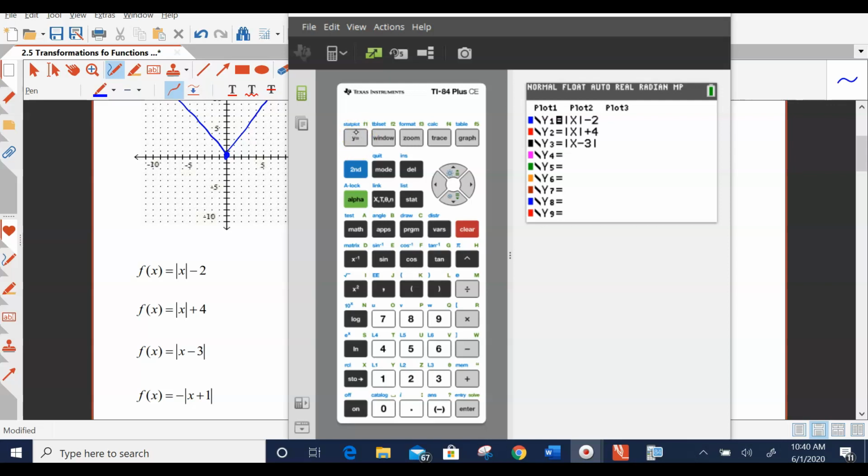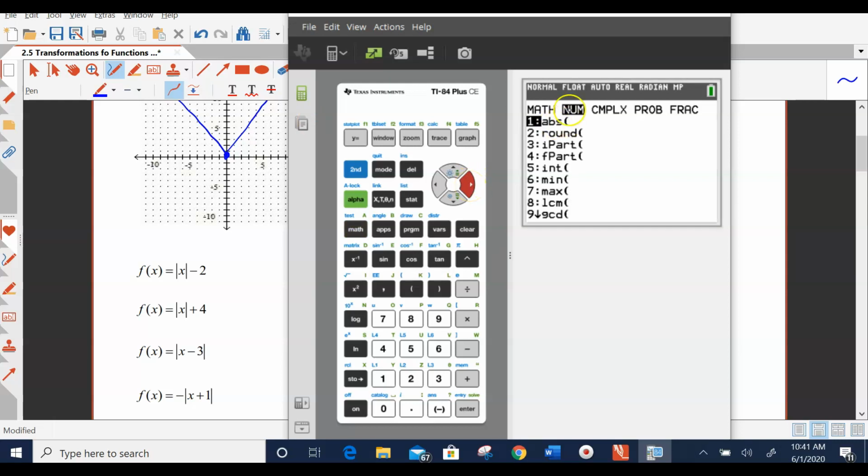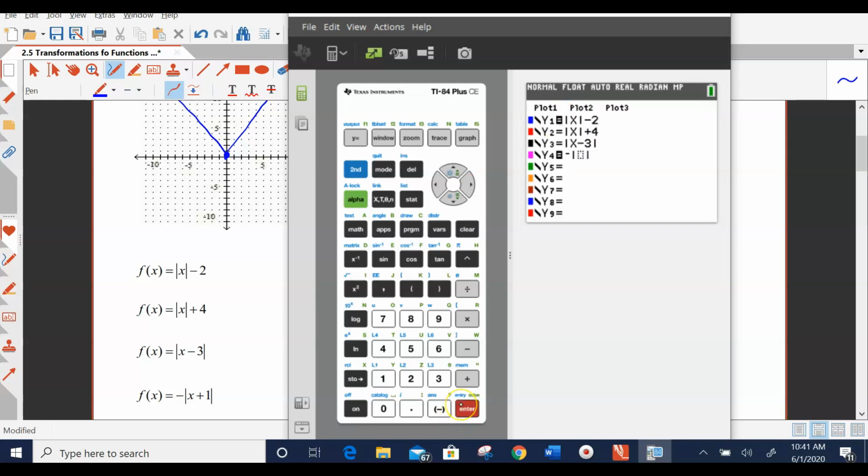Notice I've put in the first three, but let me put in the fourth one so you can see what I did. I need a negative, so I'm going to use this little guy down there for the negative. I need an absolute value, so let me show you where to get that. If you hit Math and scooch over to the right once, you'll see at the very top under Num, ABS. There is your absolute value function, so press Enter.